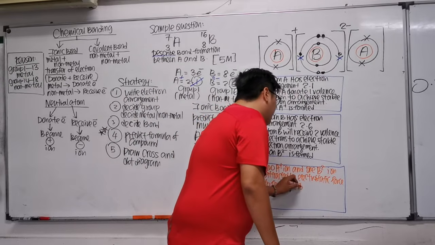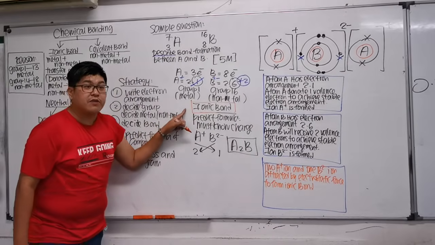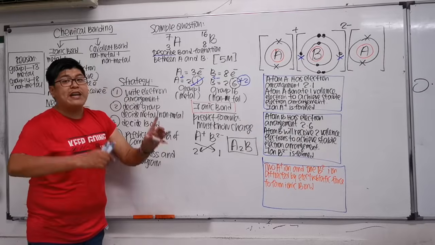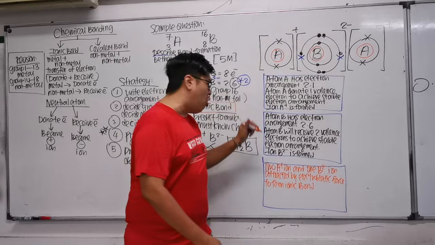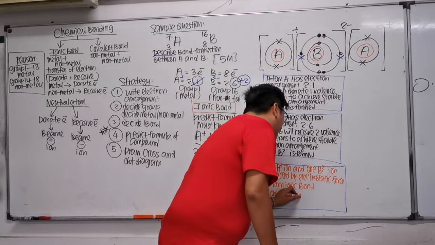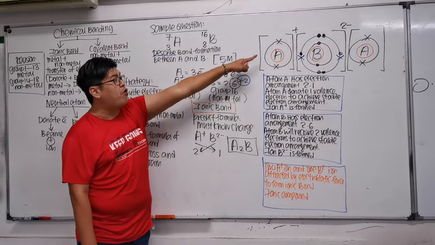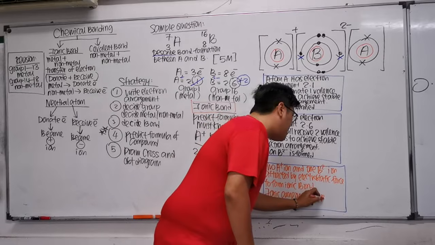They form ionic bond because we already decided they form ionic bond in the first place, right? So they join together by ionic bond. When they join together by ionic bond, the final product called ionic compound. What is the formula for your final product? A2B. So A2B is formed.